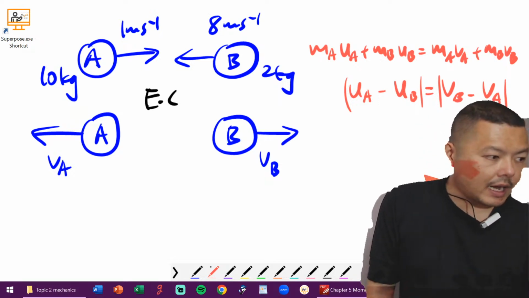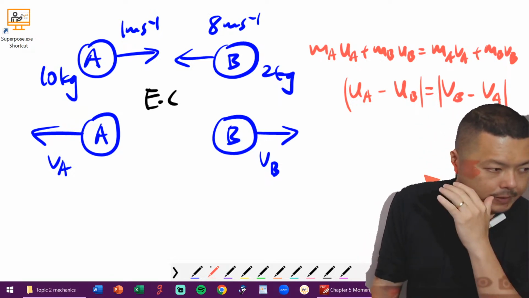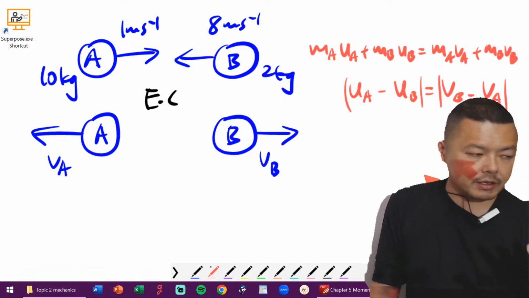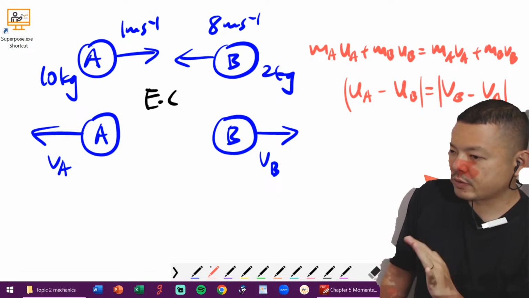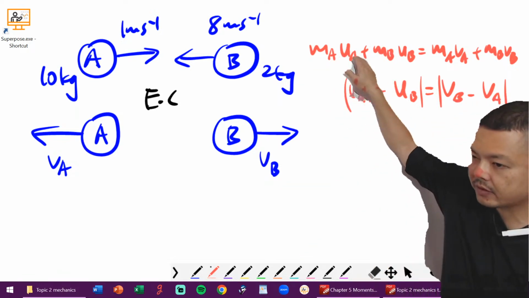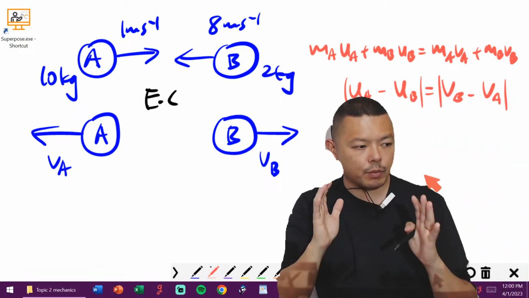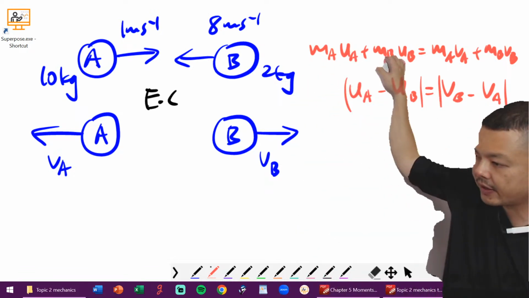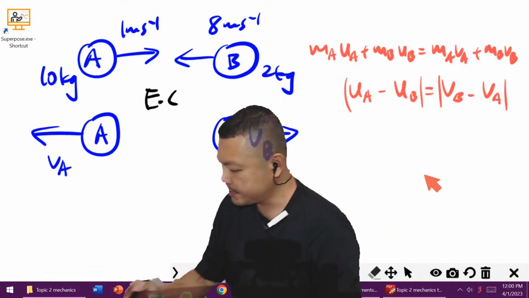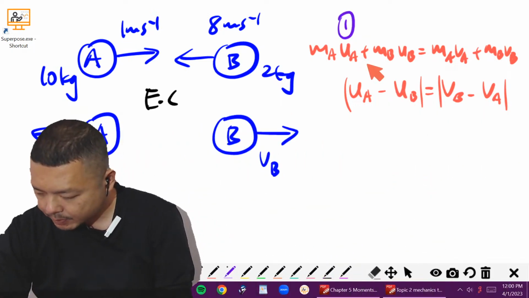Quick reminder, I must tell you this. I said that I'm giving you half a question because I'm guiding you up to this point. Always remember to use the momentum equation first. You come up with the expression of the momentum equation first, then you use the second one. This is number one, this is number two.